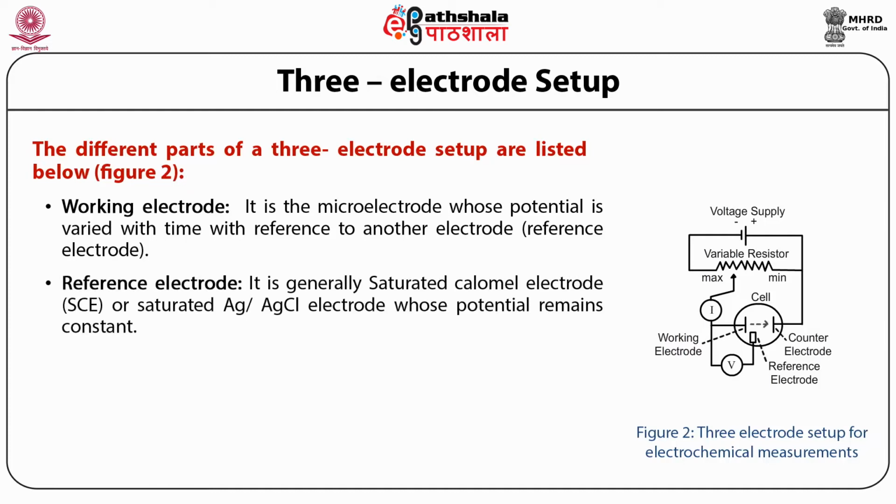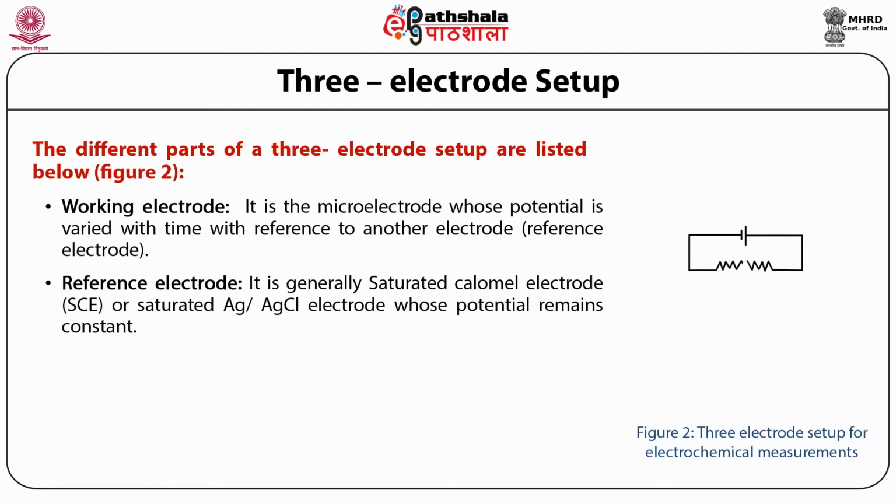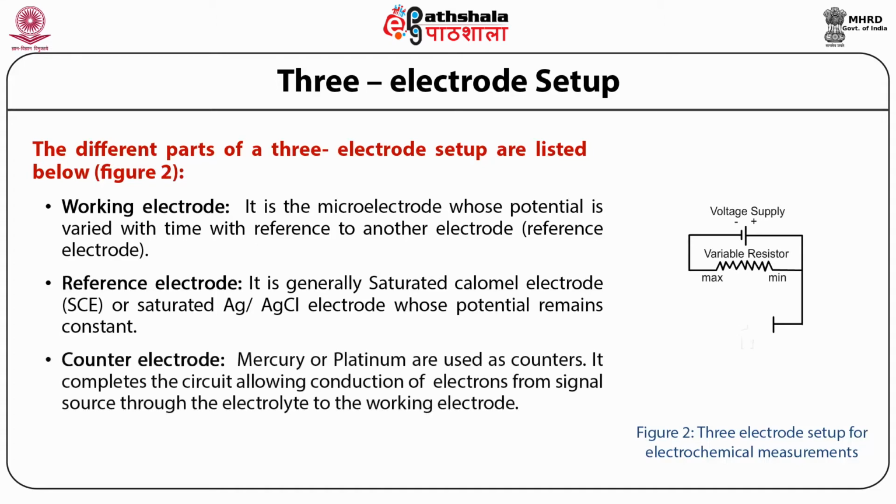Reference electrode is generally a saturated calomel electrode, SCE, or a saturated silver/silver chloride electrode, whose potential remains constant. The third part is the counter electrode. Counter electrode completes the circuit, allowing the conduction of electrons from the signal source through the analyte to the working electrode. Mercury or platinum are used as counters.